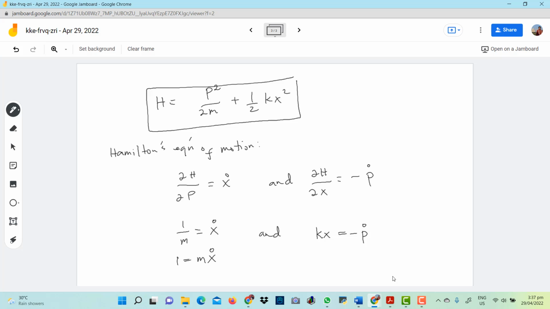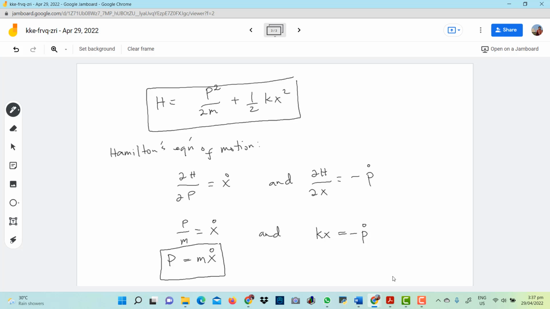Sorry, this is p, because the partial derivative of h with respect to momentum is 2p over 2m, so that is equal to p over m. So therefore, the momentum is equal to mx dot.